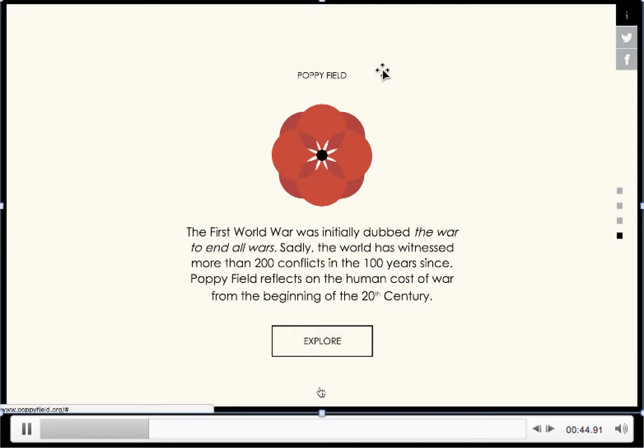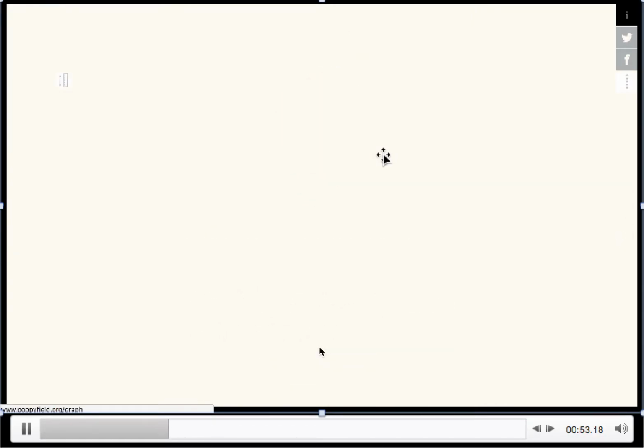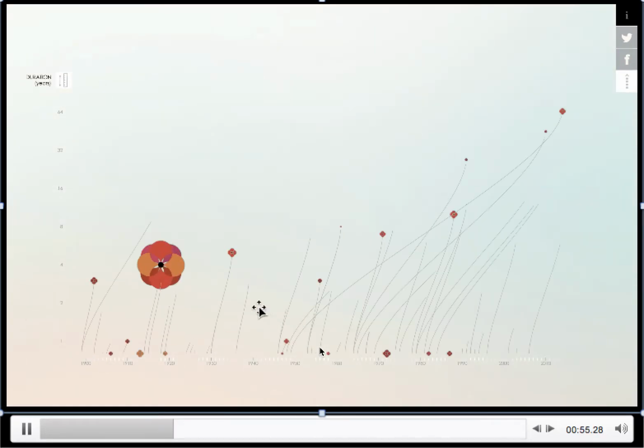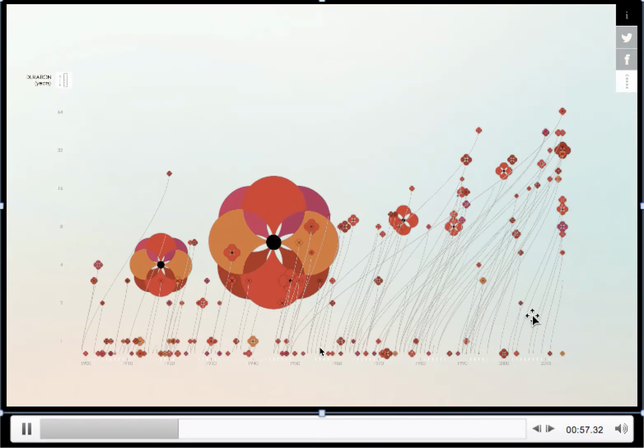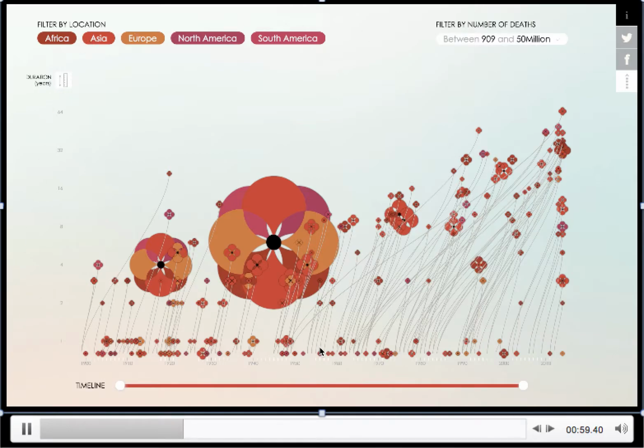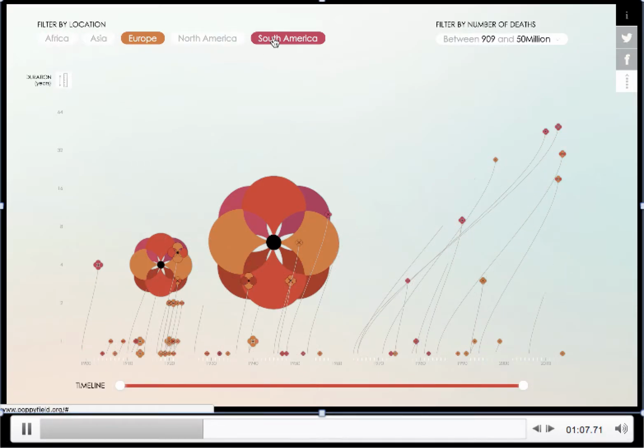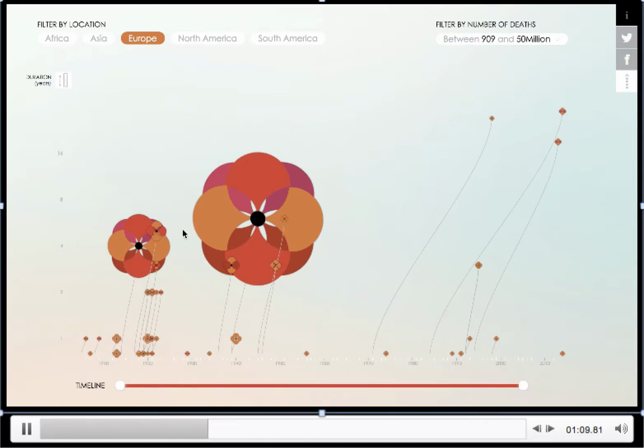Here you see essentially the introduction on the website that explains and also gives you context to the visualization that is now launching in front of us. This is the screen that we will be evaluating today and using as our illustrative case. If you're interested, you can access the live project online on www.poppyfield.org.